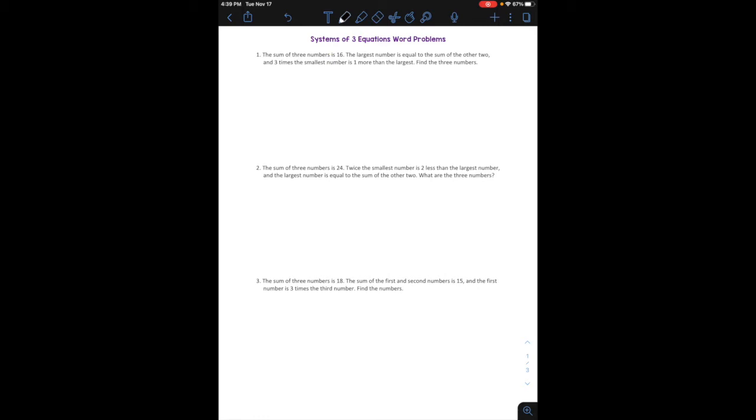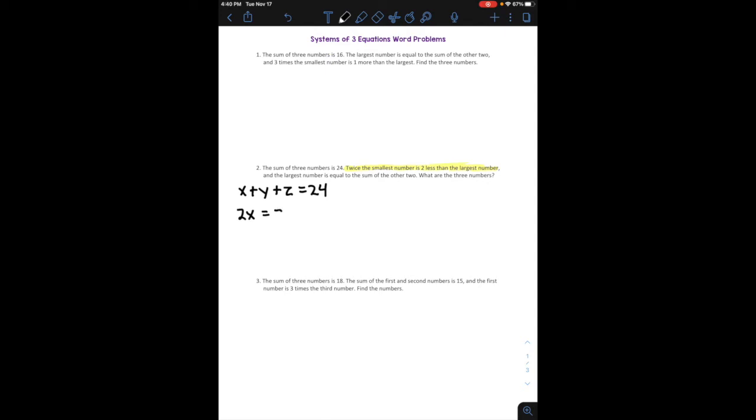For number 2, the sum of three numbers is 24, so we'll represent that as x plus y plus z is 24. The second equation says twice the smallest number is 2 less than the largest. I'm going to say that the smaller number is x, so twice x is 2 less than the largest.